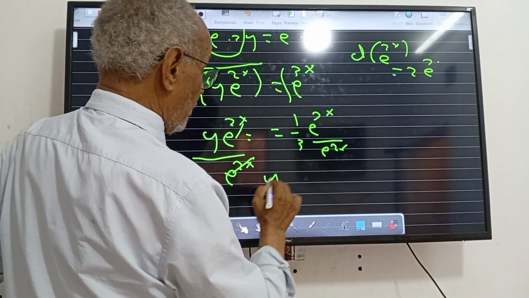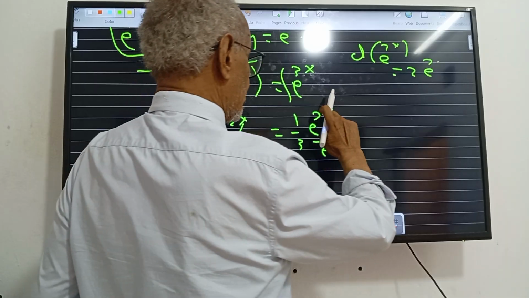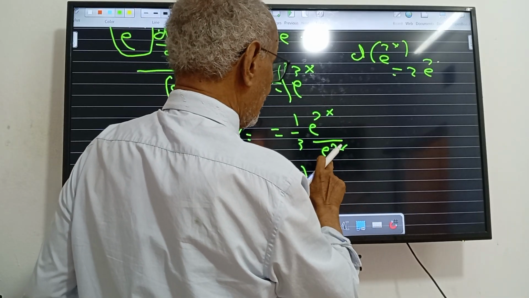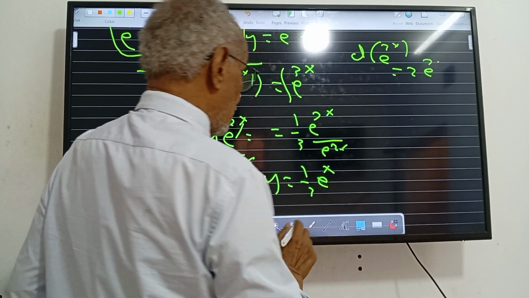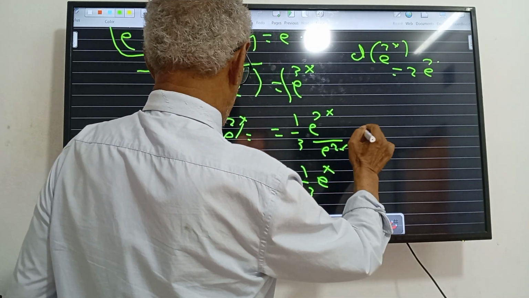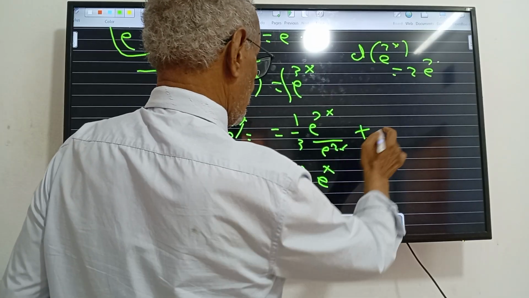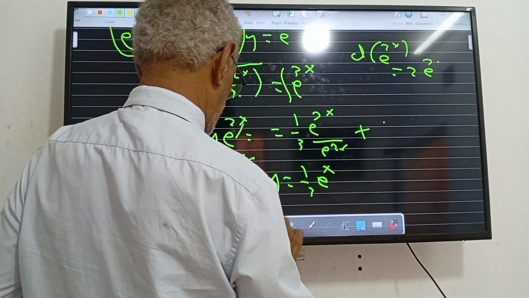So that y equals 1 over 3 e to the power 3x divided by e to the power 2x, that means e to the power x. Plus c.